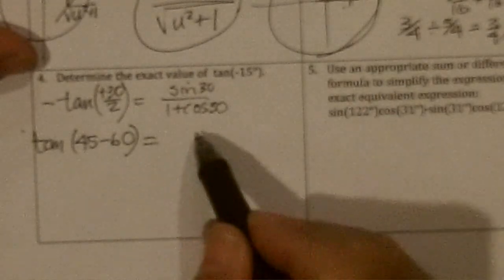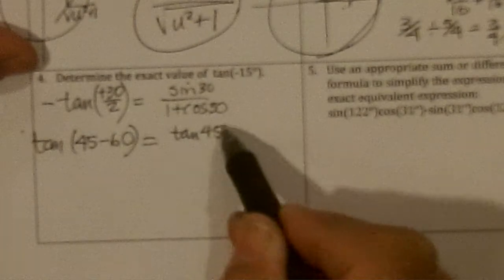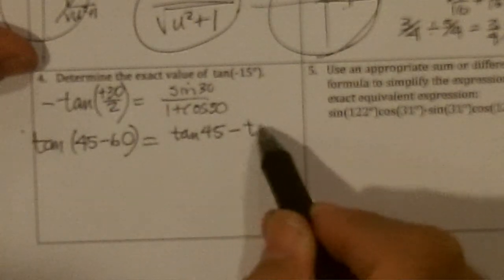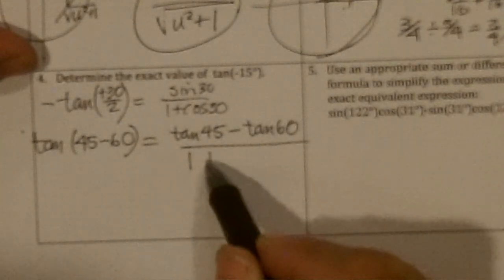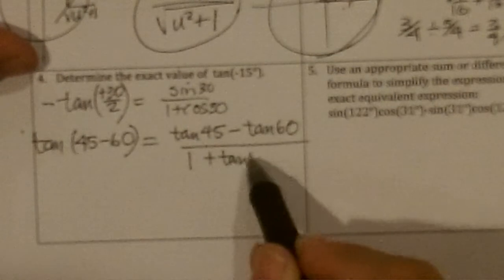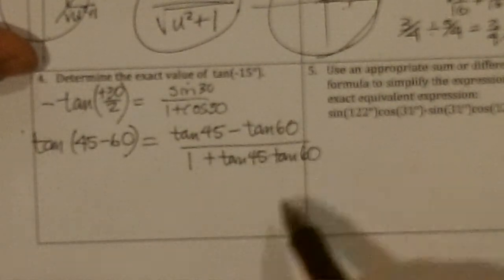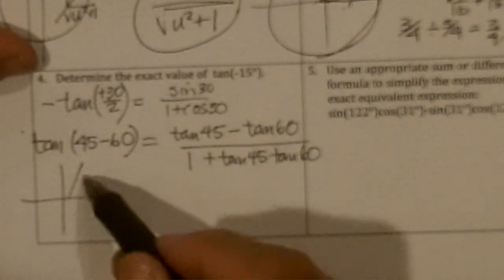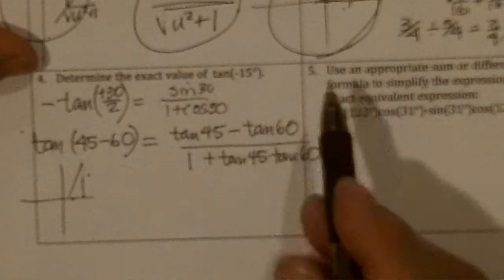And so this would be the tangent of 45 minus tangent of 60 over 1 plus tangent 45 times tangent 60, and tangent of 60 is just the square root of 3.